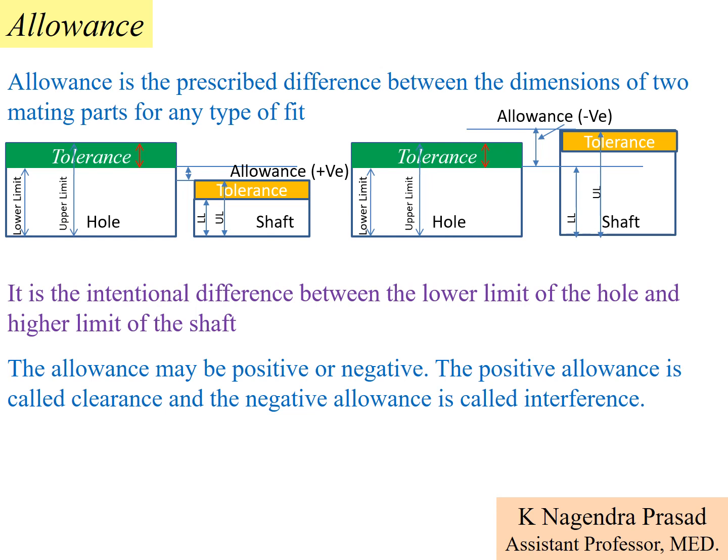The positive allowance we call clearance, and the negative allowance we call interference. So in the above diagram we can observe that the allowance is positive for the clearance fit, and the allowance is negative for the interference fit.